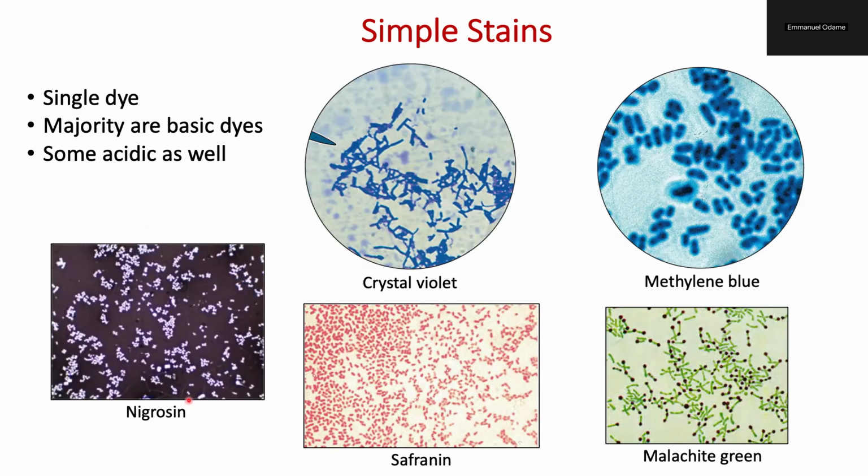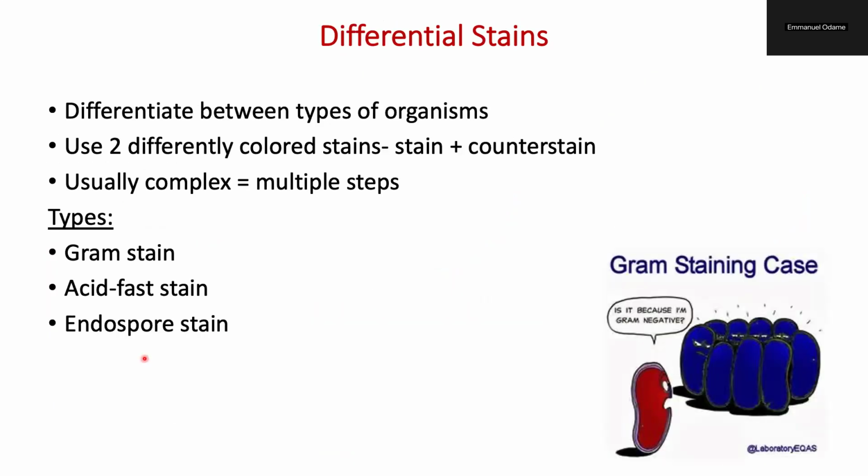But this is an example of an acidic single dye or single stain. As you can see, nigrosin is actually staining the background or the slide itself, but not the organism. So that's how you can tell simple stains apart, whether they are basic or acidic. Basic stains the organism itself, while acidic stains the background.